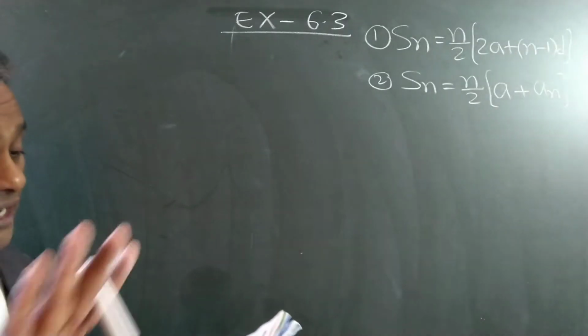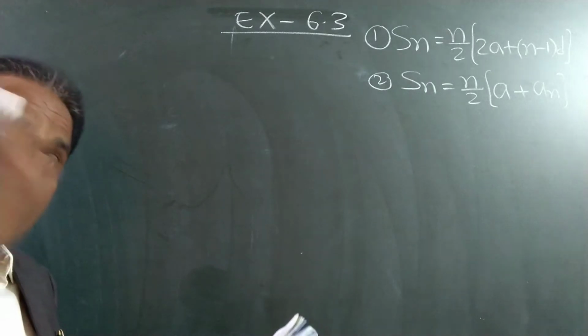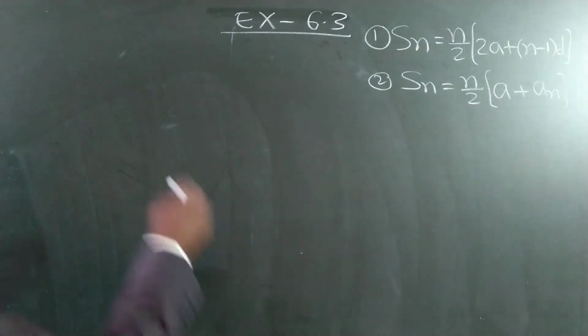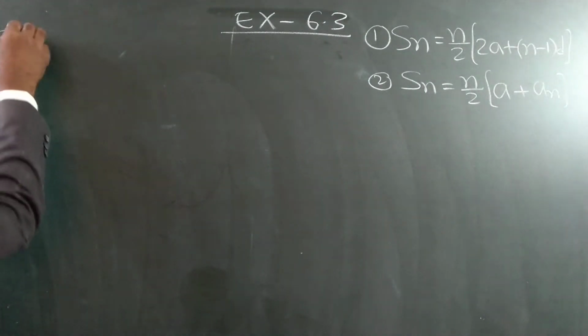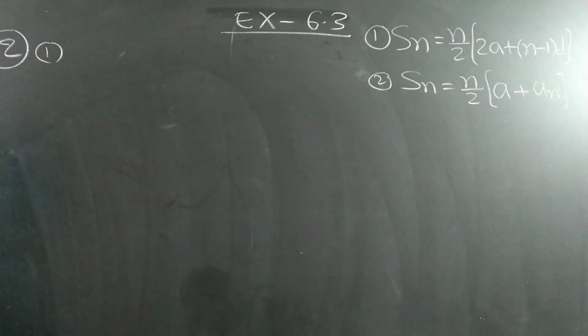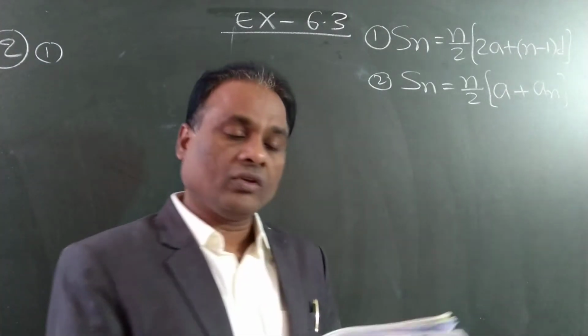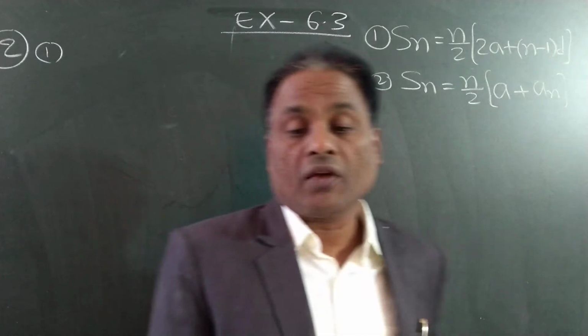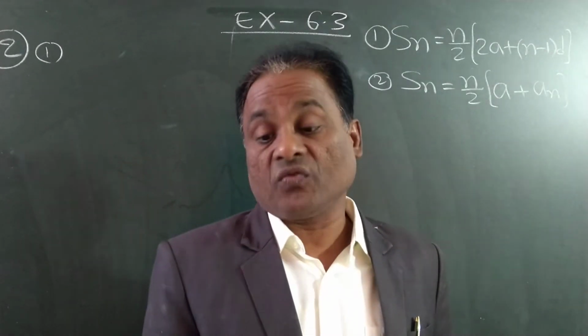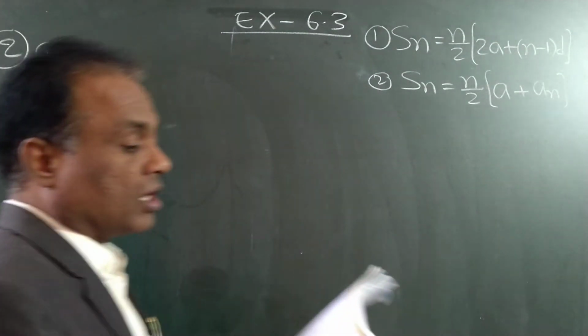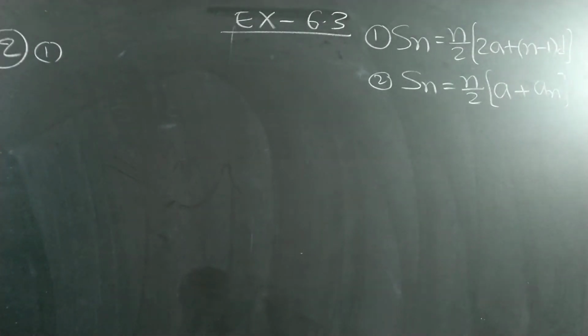In that we completed the first question, all 4 bits. Students, second question, we have 3 bits. Let us start. All of you read the second question. Find the sums given below.